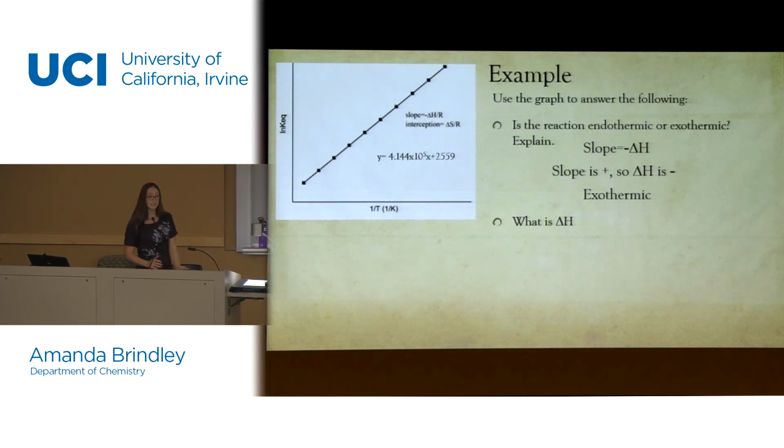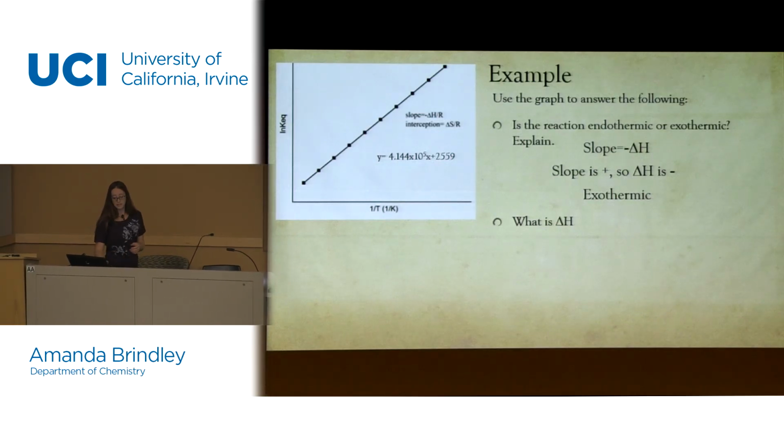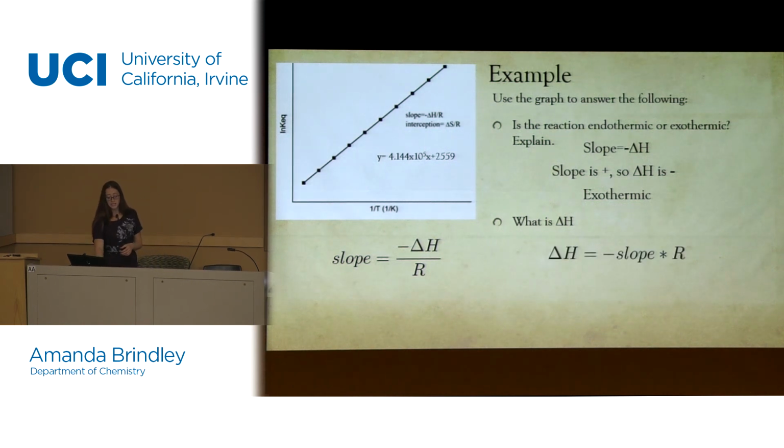And then what is delta H? We just need to do a quick calculation for that one, right? We know that our slope is negative delta H over R, which means that our delta H is negative slope times R. And which R do we use? 8.31, right?